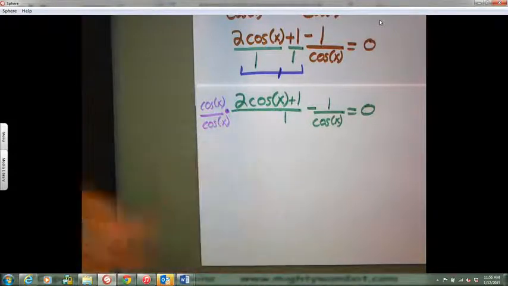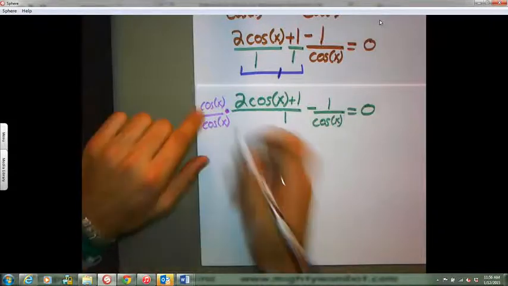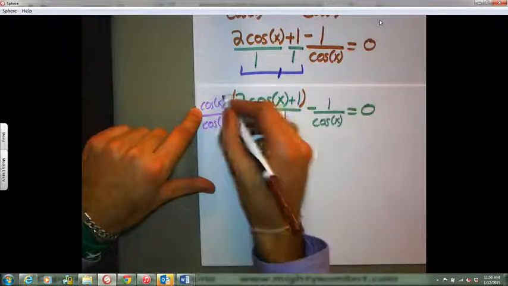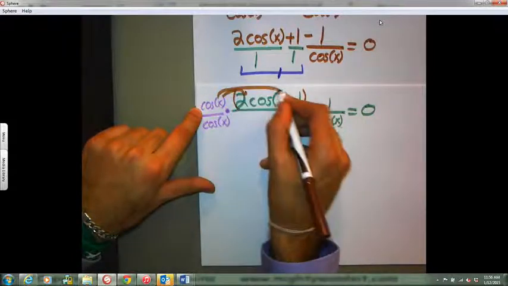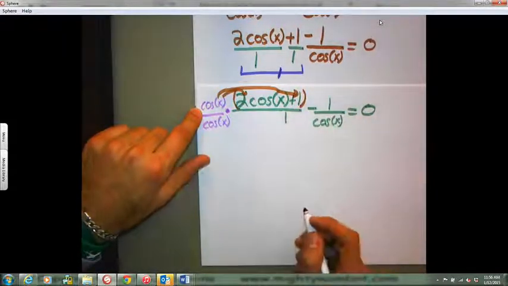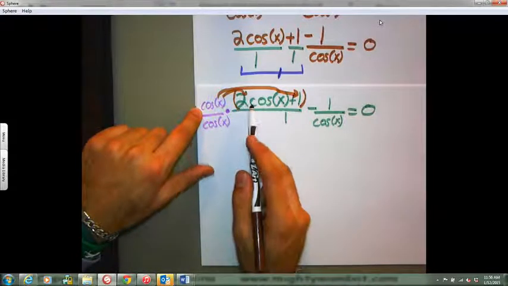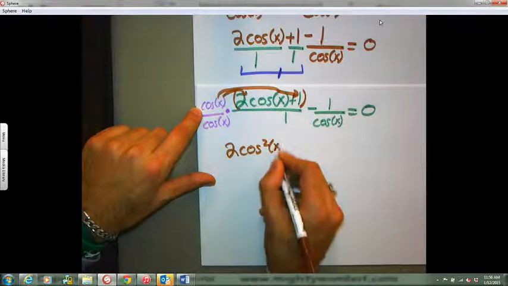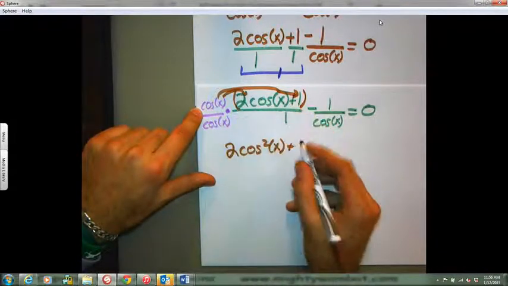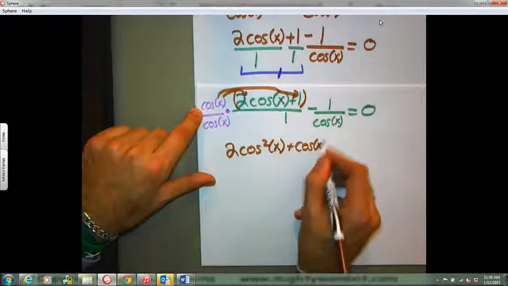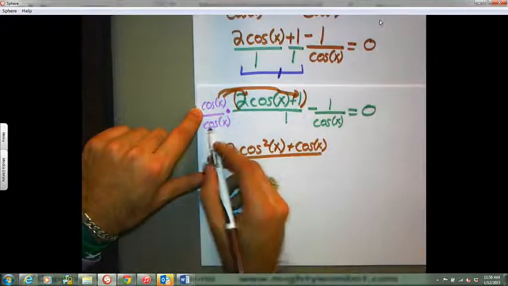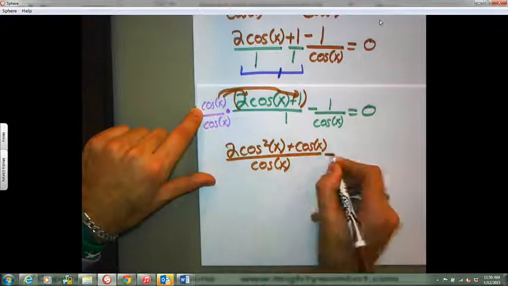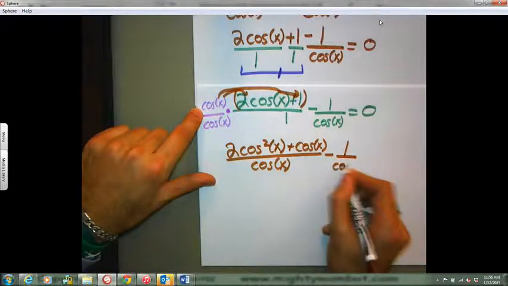So we have cosine of x times 2 cosine of x. Remember, we're distributing here, is the math word. So cosine of x times 2 cosine of x is 2 cosine squared of x. Cosine of x times 1 is cosine of x. And on the denominator, it's cosine of x times 1, which is just cosine of x, minus 1 over cosine of x.